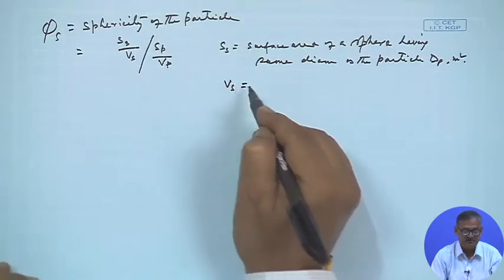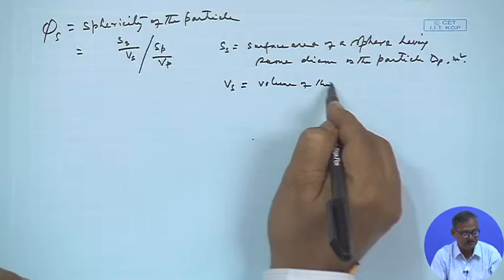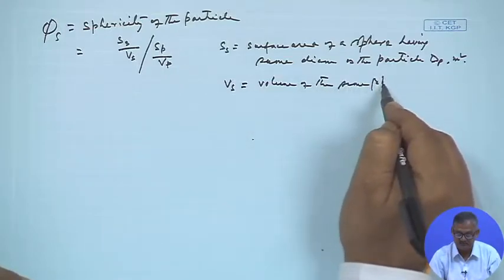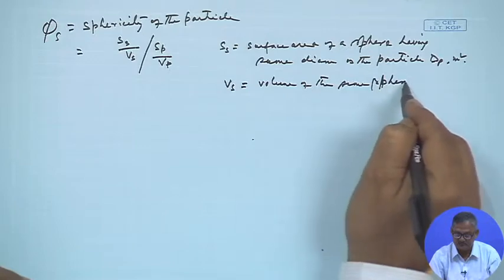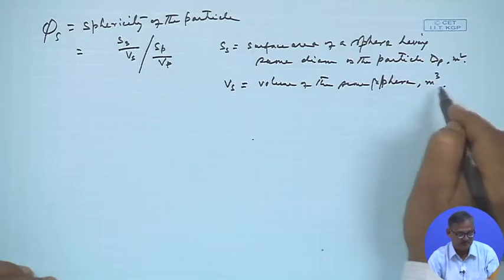VS is equal to volume of the same sphere in meter cube.